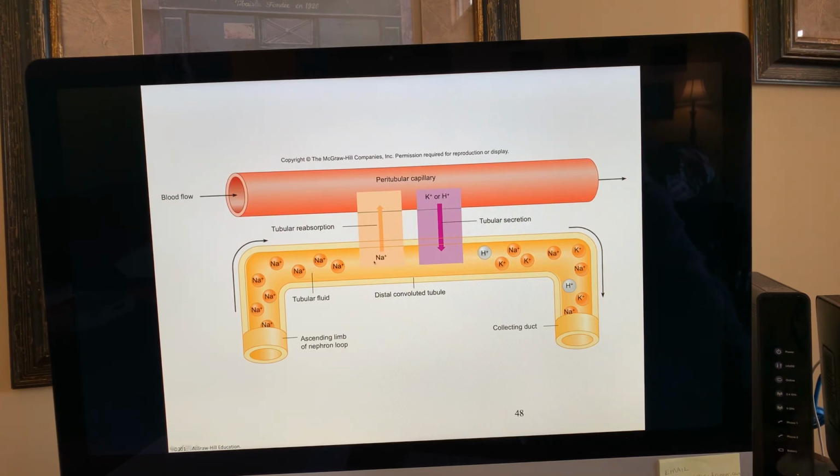Hydrogen ions are also excreted the same way. Remember, we said that what happens in the distal tubule is you pump sodiums out into the peritubular capillaries. When you take a plus this way, they can be exchanged for a plus the other way.